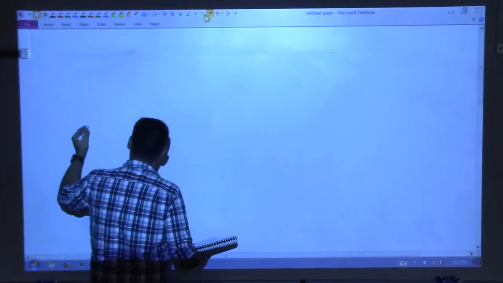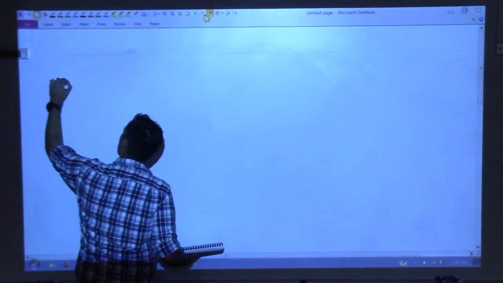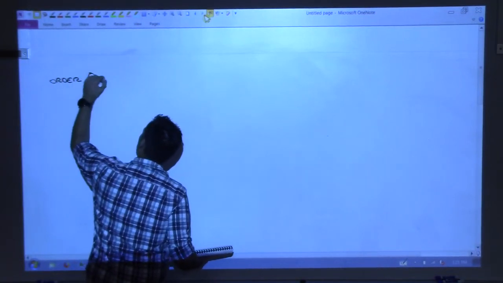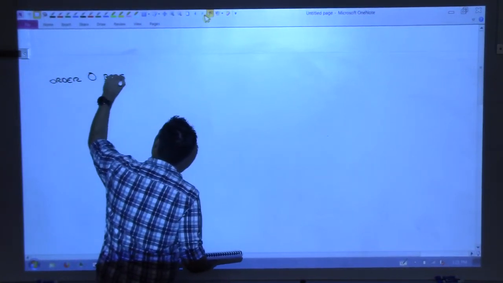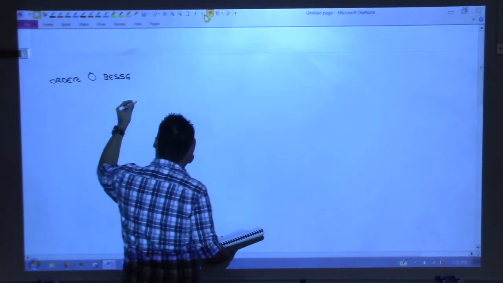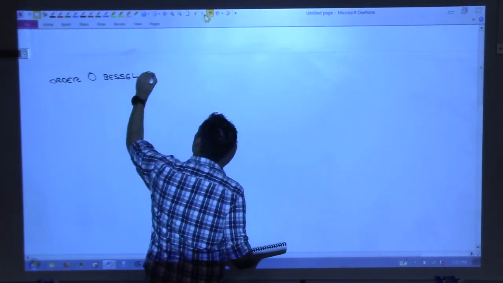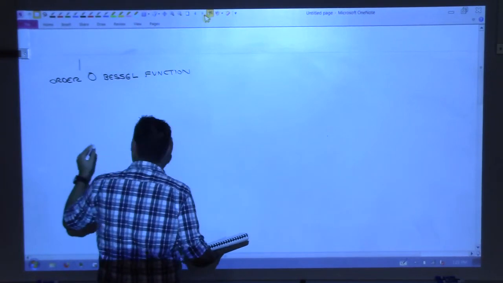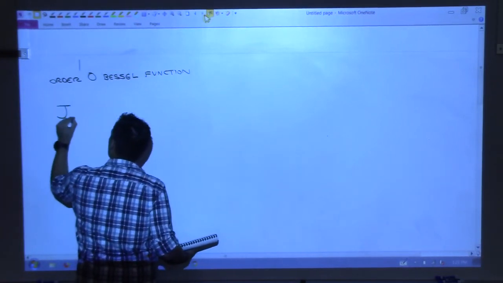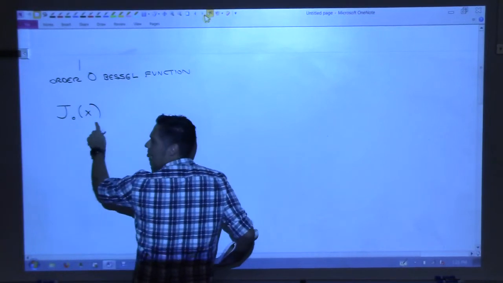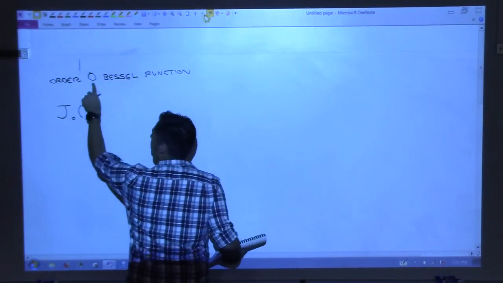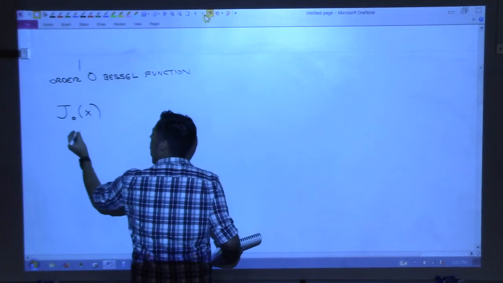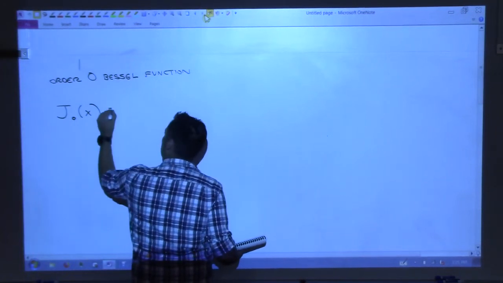So this is called an order 0 Bessel function. And don't get yourself too concerned about the fact that, oh, this is a Bessel function, what does that mean, I'm confused already. Just understand that it is a function, f of x, okay? It's order 0, which means there's a 0 here. And here's the definition of this function.